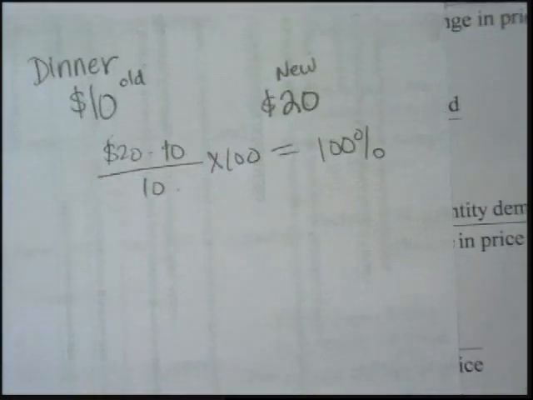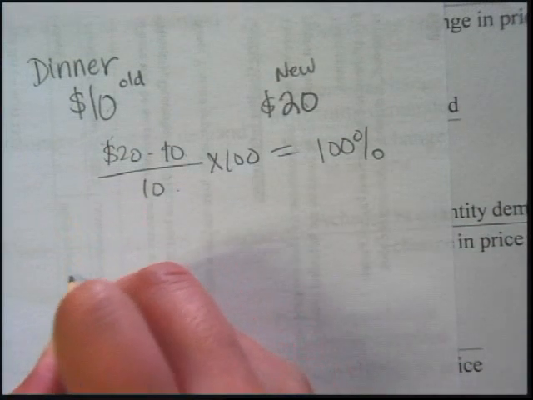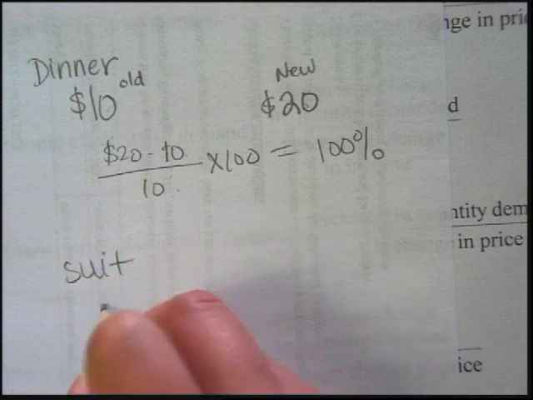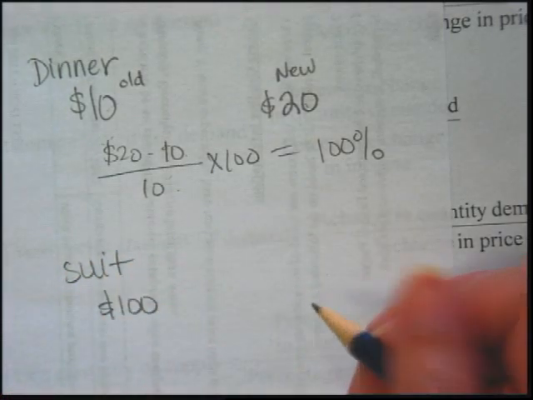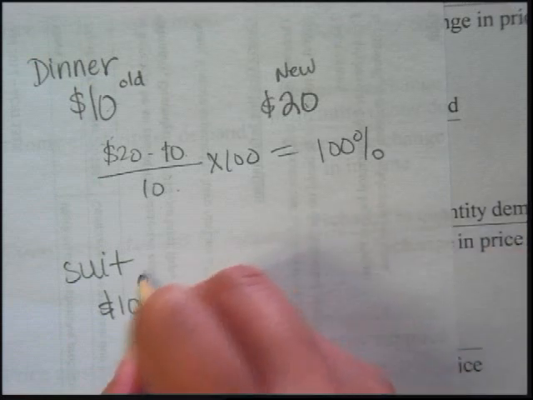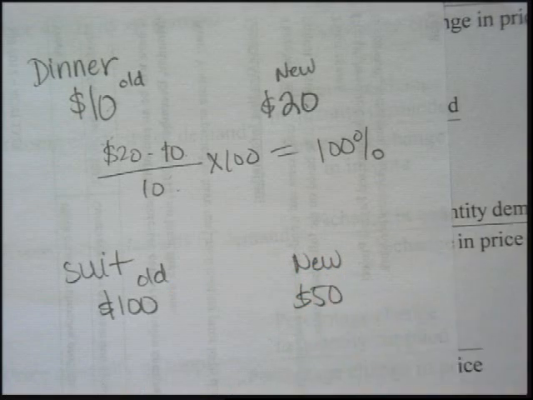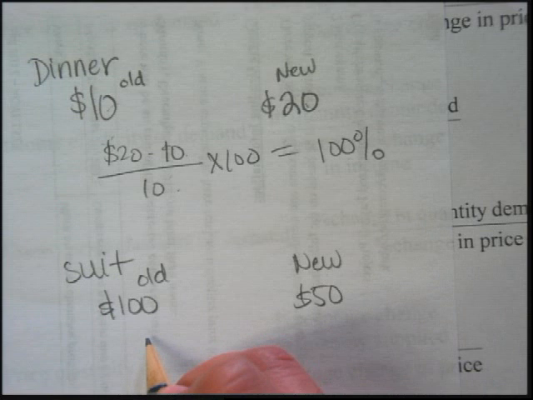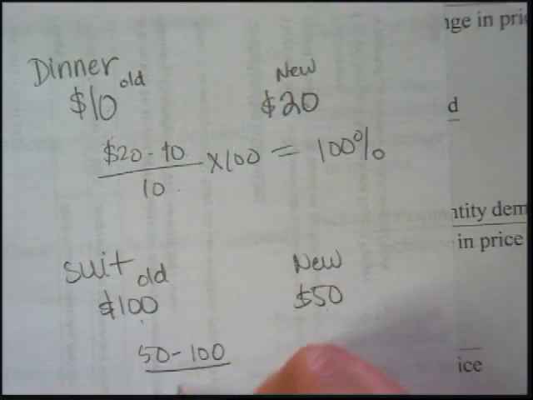Let's pretend that you've been at Dillard's and you see the suit that you have really had your eye on, and it's $100. You're thinking, I don't know if I've got $100 now, but come back in a couple weeks and it is on sale. So let's figure out the percentage change. The new number is going to be 50 minus 100 divided by the old number, 100.